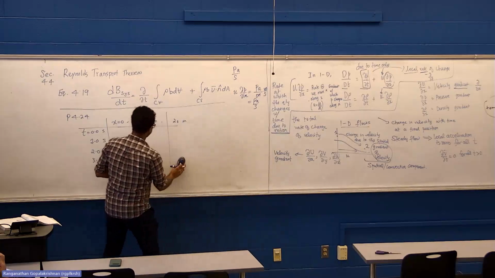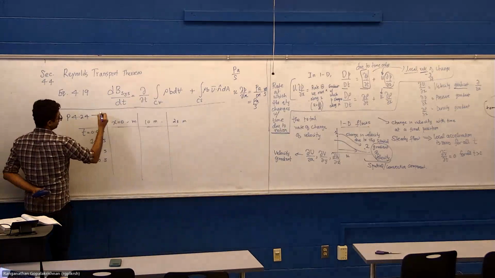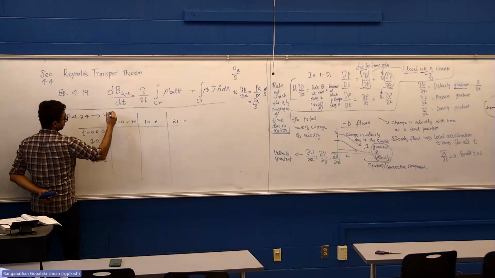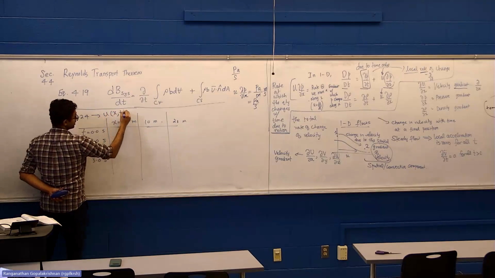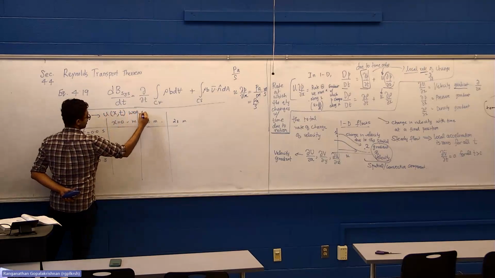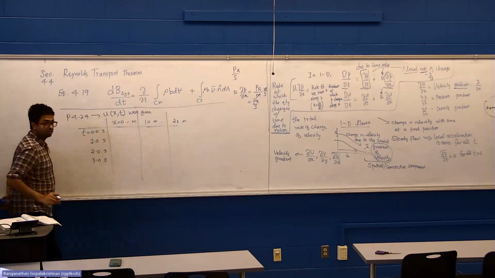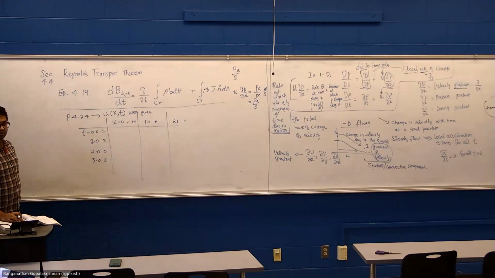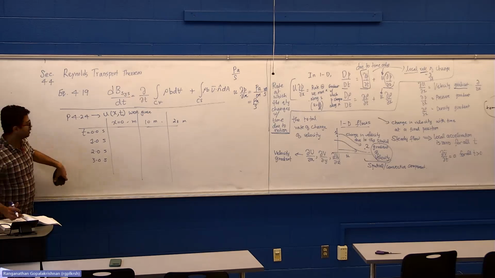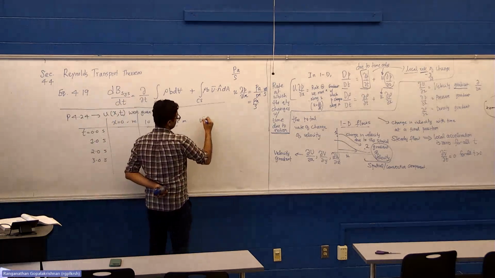So in problem 4.24, velocity component values as a function of position and time were given. Do you recall? You look back, everyone? Yeah.